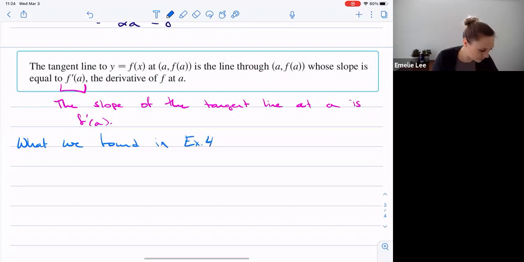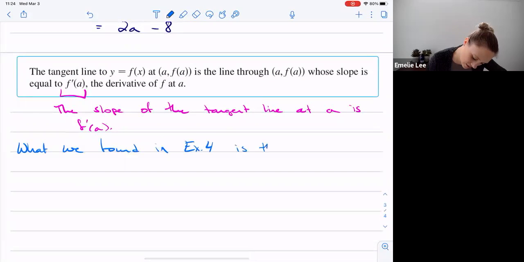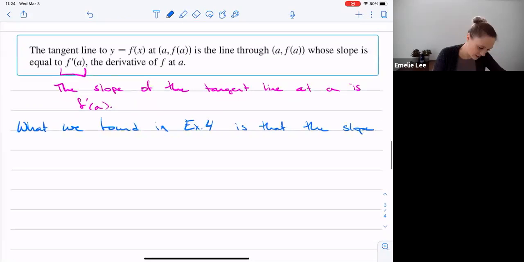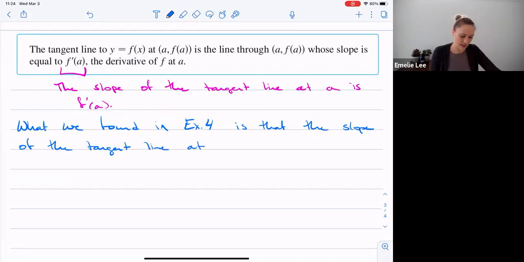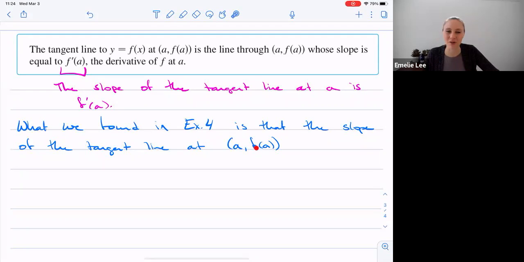So what we've found in example 4 is that the slope of the tangent line at a, and of course the y value of the function is f of a. It can get confusing to figure out when I am using my original function and when I am using the derivative, but just remind yourself that the derivative is the slope of the tangent line.